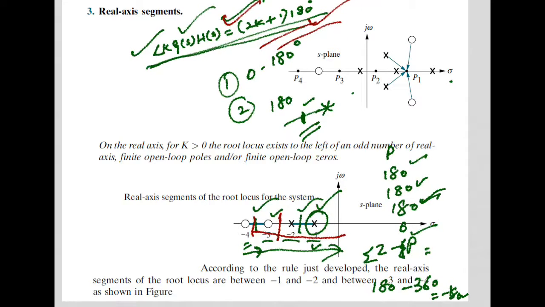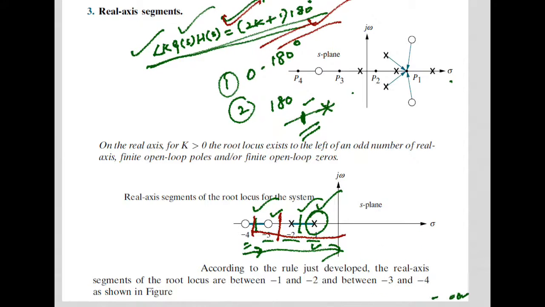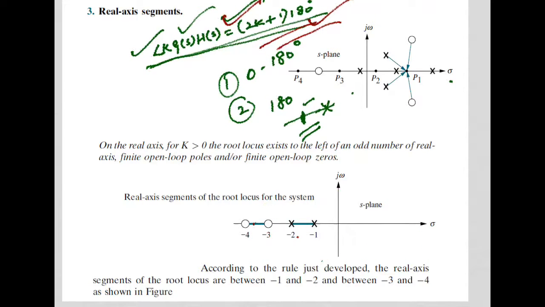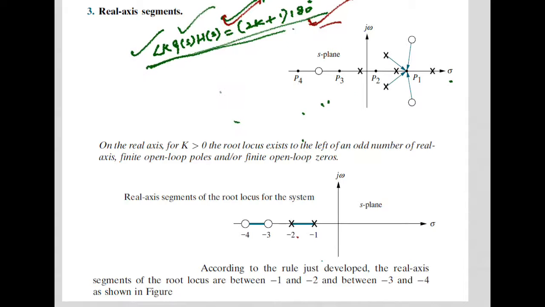So from this observation we can make the following observation on the real axis. On the real axis, for k greater than 0, the root locus exists to the left of an odd number of real axis finite open loop poles or finite open loop zeros.